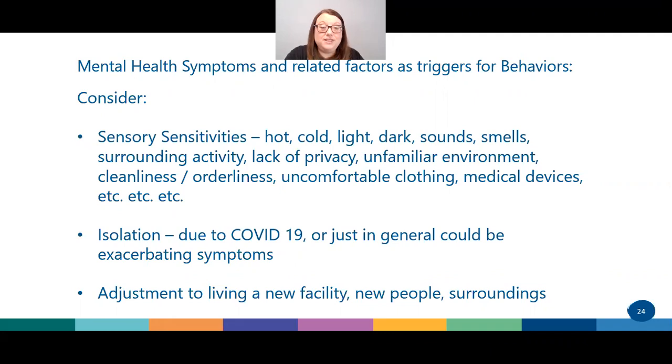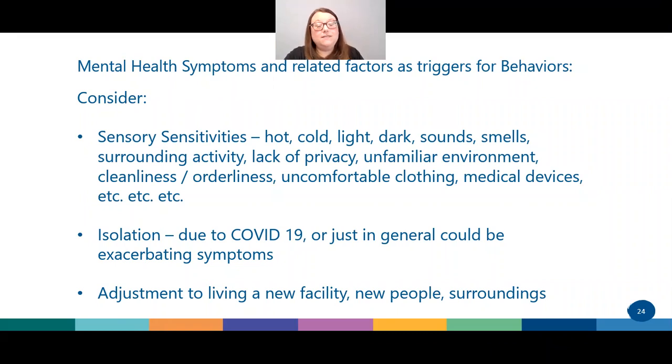People, whether they have a mental health diagnosis or not, can be very sensitive to heat, to cold, to lightness, to dark, to particular sounds, to particular smells, to being in a very chaotic environment. So their surroundings, level of activity, if it's chaotic, could be a trigger.